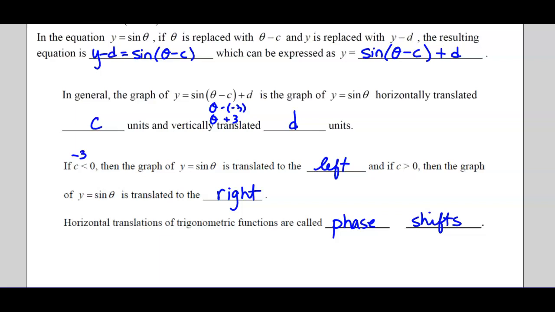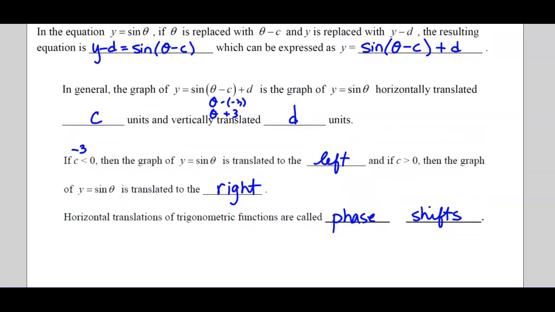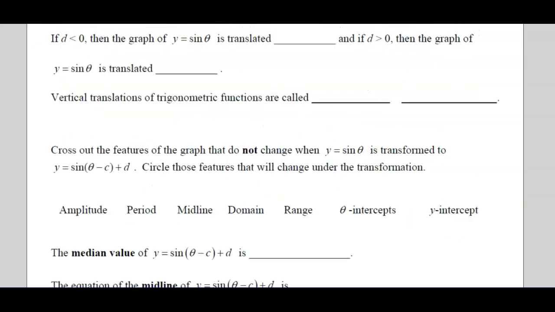If d is less than 0, then we're translating down. If d is greater than 0, we're translating up. And these, again more so in physics, we call a vertical displacement.